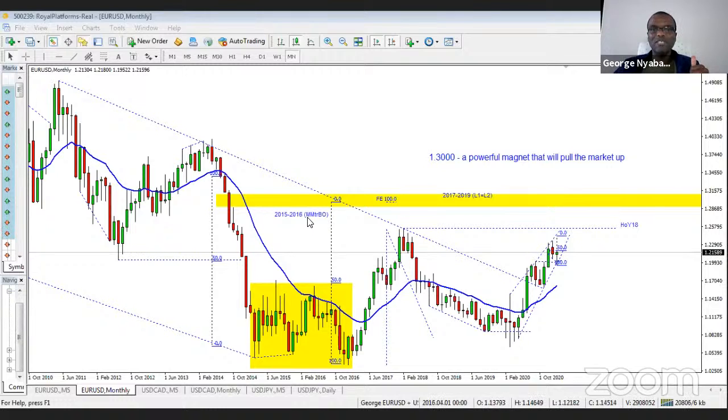So you see a lot of these measured moves. And when I put them, typically I know what to look for, but sometimes you need to take note of the acronym. Another move that you will see is what I call L1 equals L2, and that L1 basically means leg 1 equals leg 2. So the market tends to move in two legs in a direction: a first leg up, a pullback, and then a second leg up.